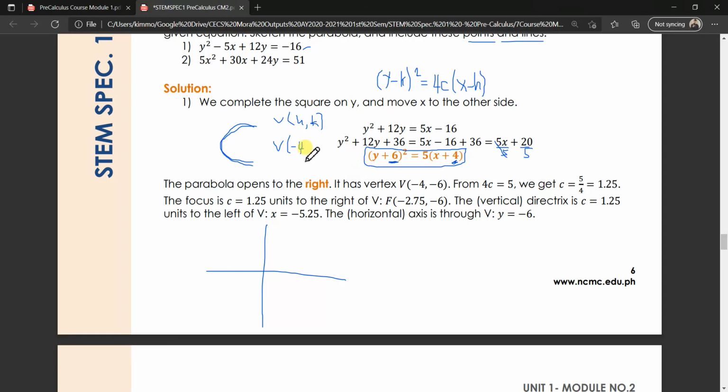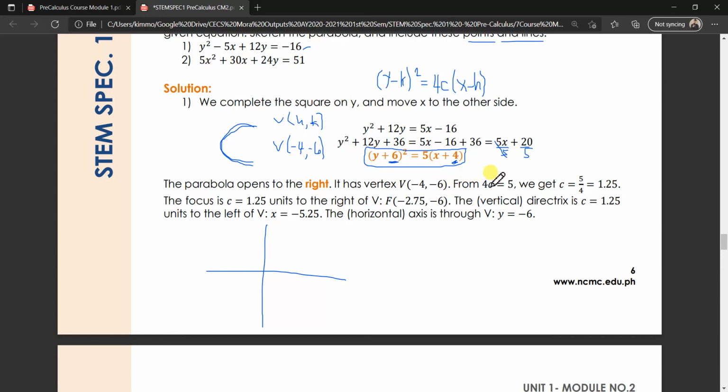So our x coordinate of the vertex is negative 4. And the y coordinate of our vertex is the same, negative 6. So it has a vertex of negative 4 and negative 6.